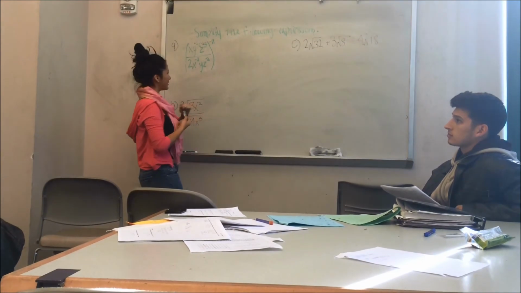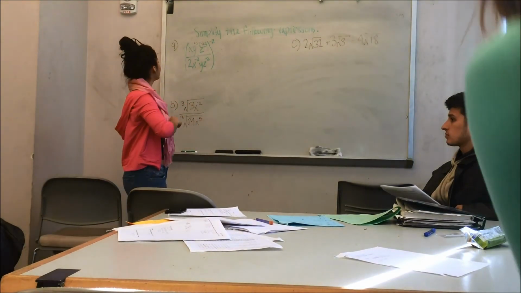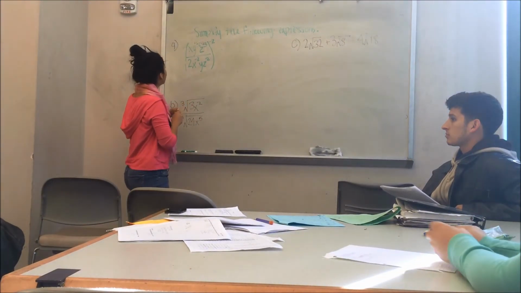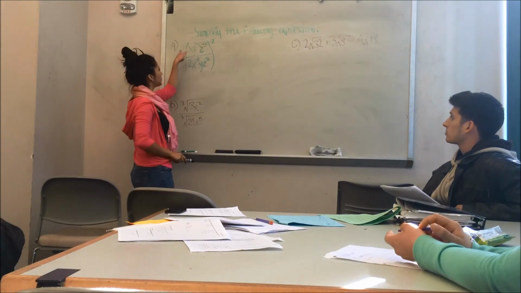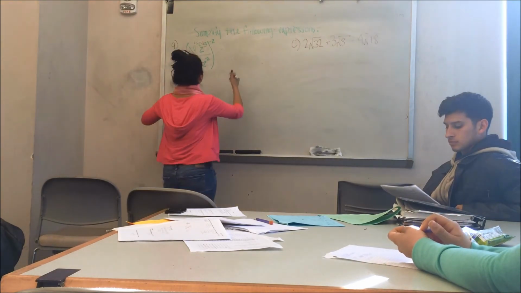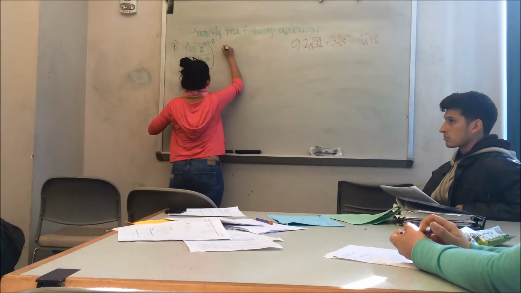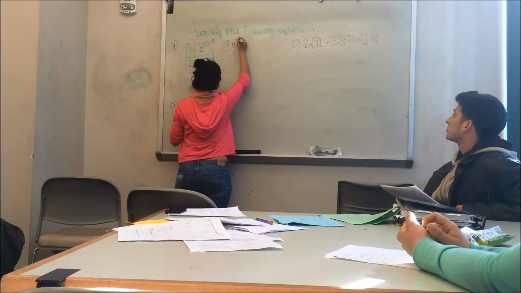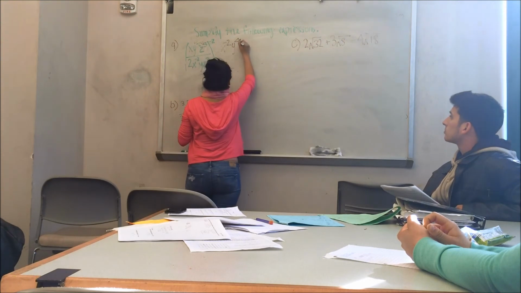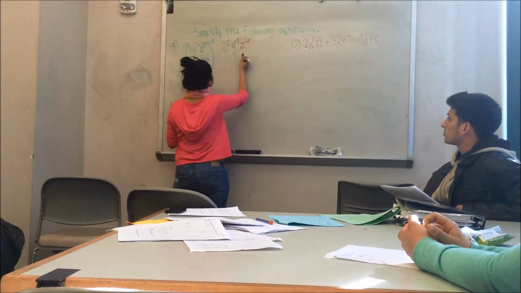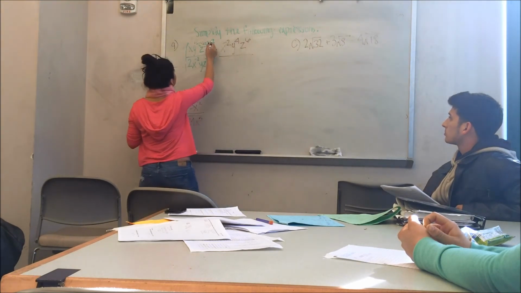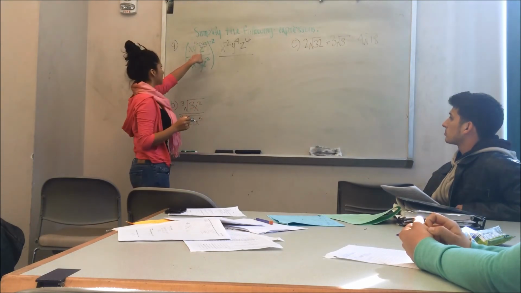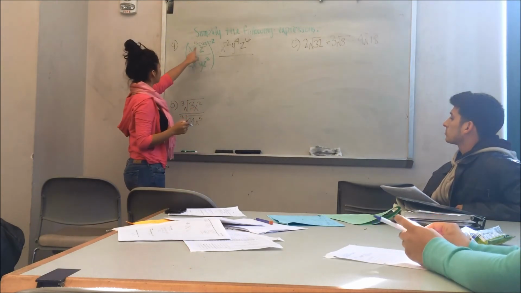Okay, so the problem says to simplify the following expressions. For part A, what I'm going to do is distribute the -2 to everything, which will equal x to the -2, y to the 4th, z to the 6th, because x is by itself, and when you multiply by -2 it is x to the -2.